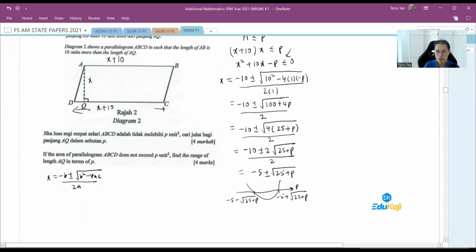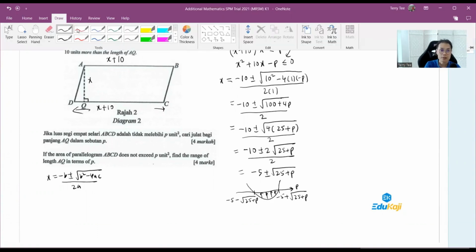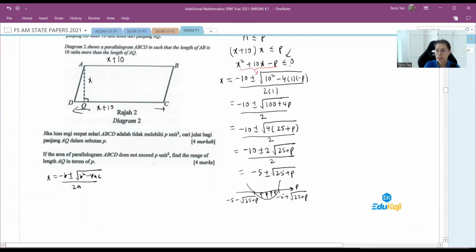If you want, you can treat this whole expression as your Y. If it's less than 0, your Y must be below the axis, and your answer is between these two values.